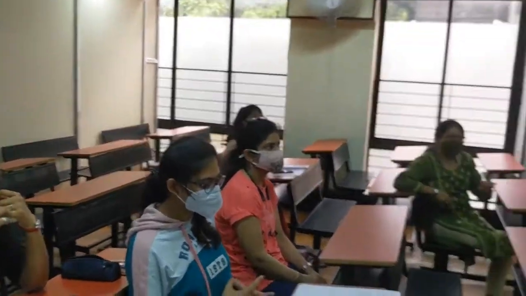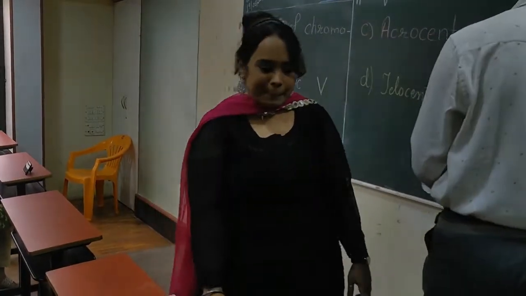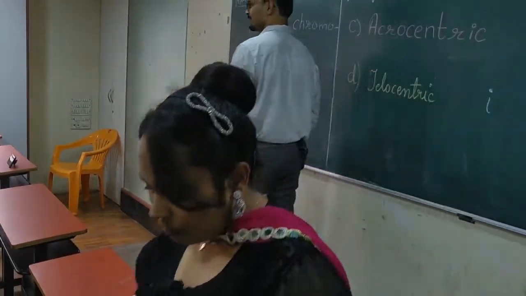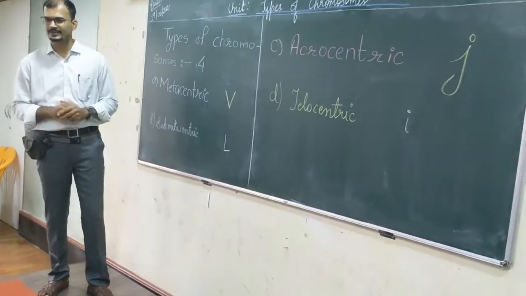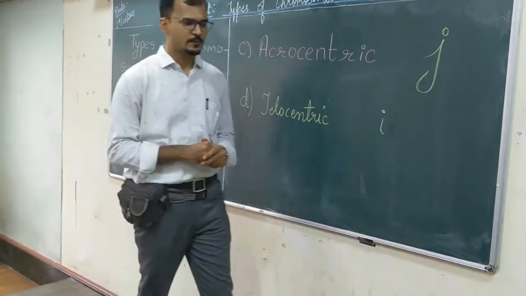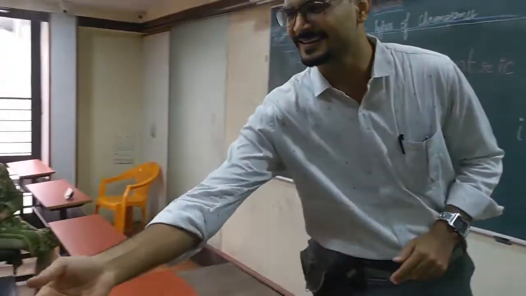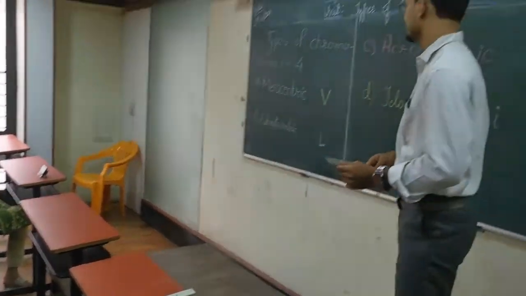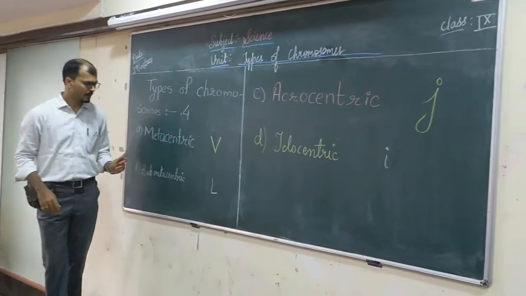Sit. Okay. So these are our four types of chromosomes. We started the types of chromosomes. There are 4 types, and you know the names now, right? Now, let me ask you a very simple question. I'm going to ask a question on a difference.